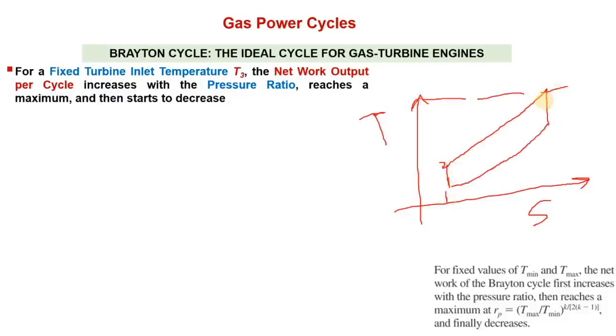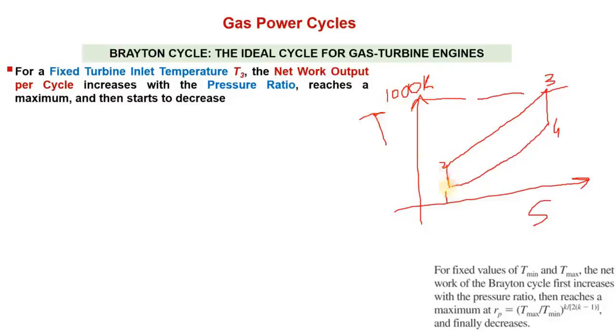Compression, isentropic compression, then constant pressure heating, then 3 to 4 represents isentropic expansion, and this is the maximum temperature. For example, this maximum temperature is limited, say 1000 Kelvin, right? So you have designed your blades which can withstand this temperature.